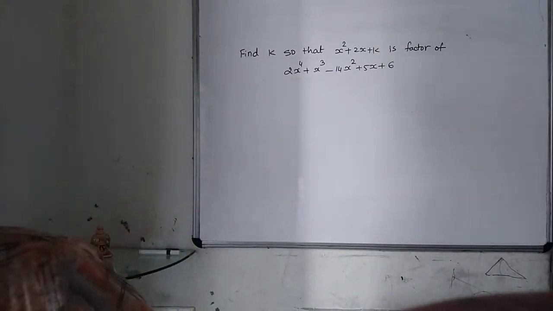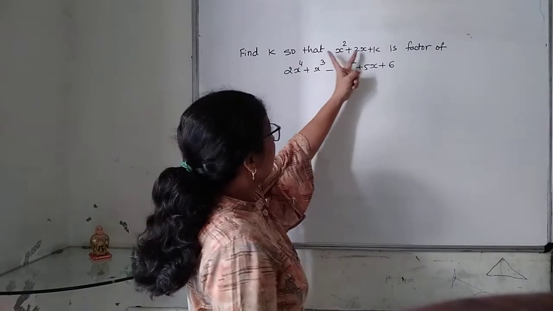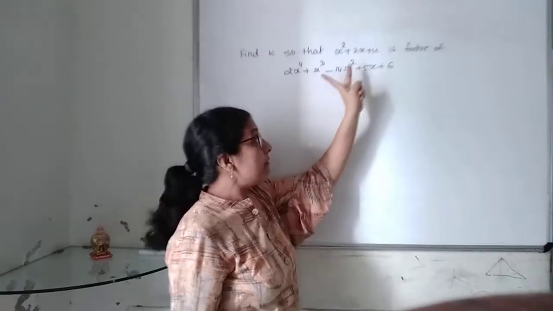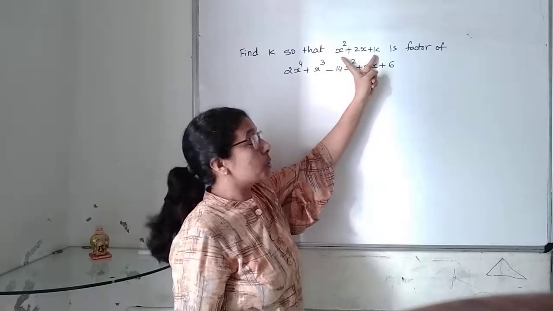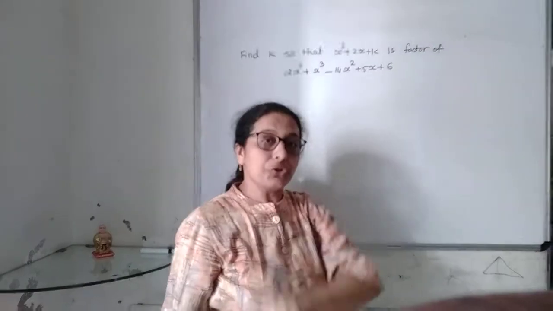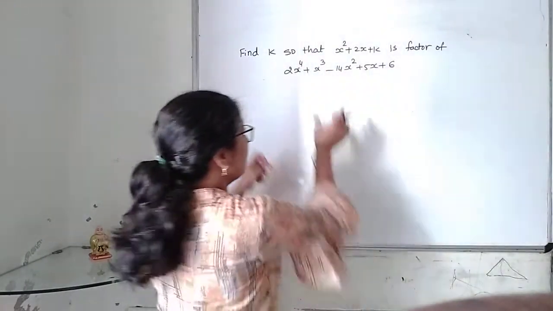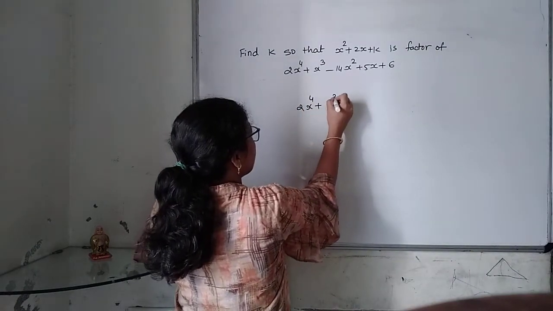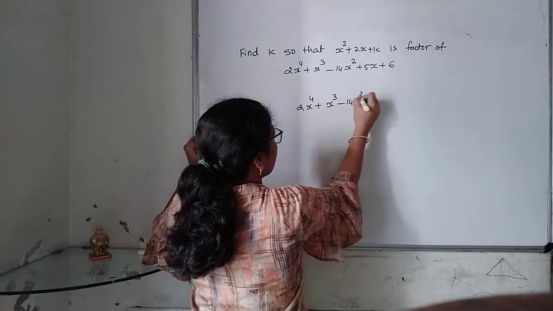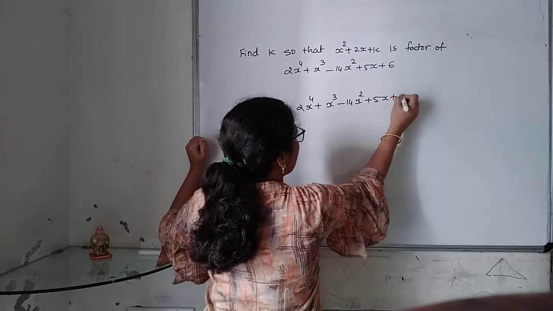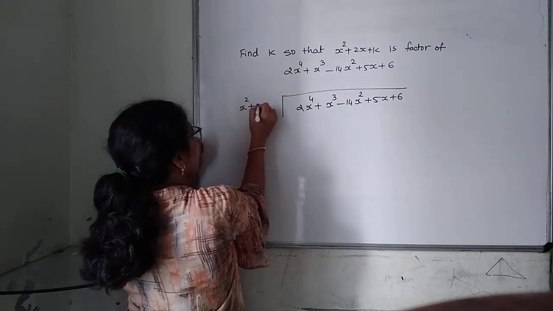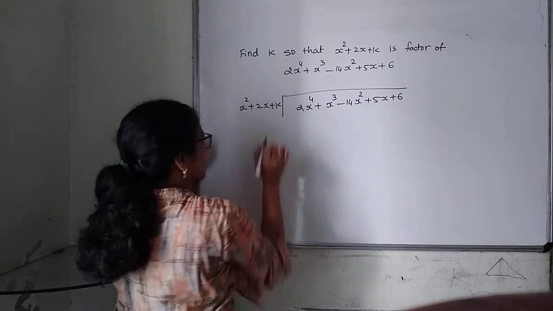Whenever this is a factor of this polynomial, when we divide the polynomial by x square plus 2x plus k, the remainder should be 0. Therefore we divide 2x raised to 4 plus x cube minus 14x square plus 5x plus 6 by x square plus 2x plus k.